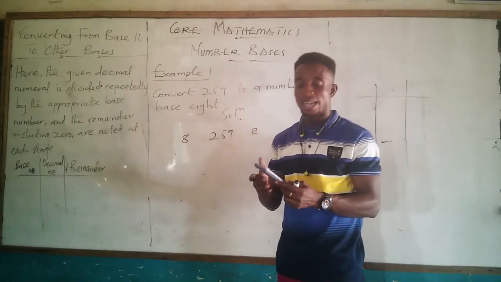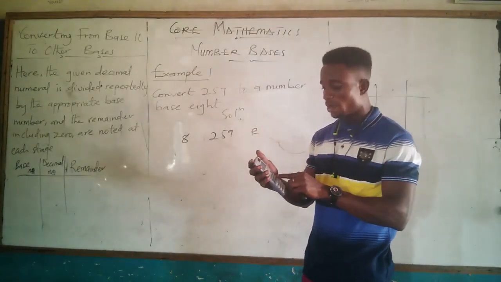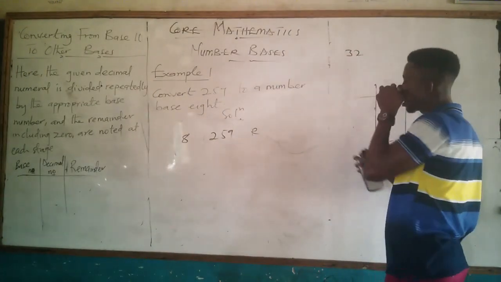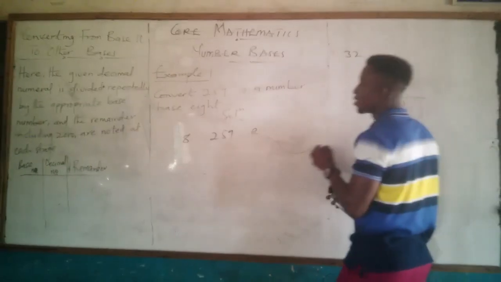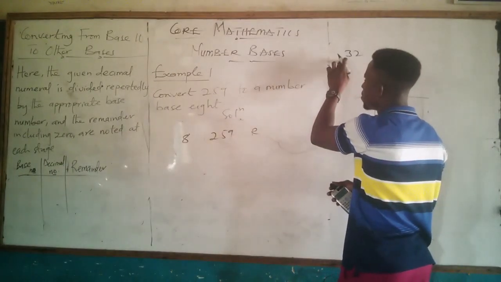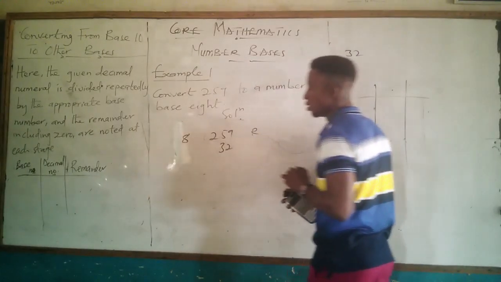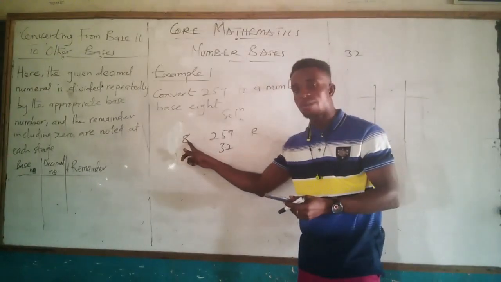So I've divided it by the 8 and I'm having what? That. So the person will convert it to decimal. And the person will have 32 point something. So what the person is going to say is that's the whole number part. So 8 into this is 32. Then remember, now the person is going to use this one to multiply this one.